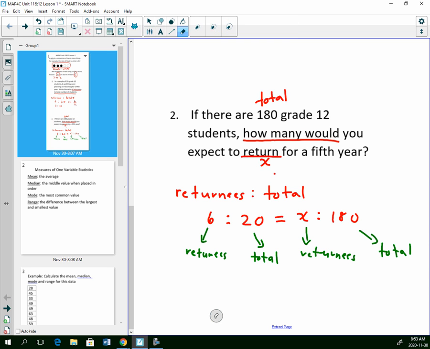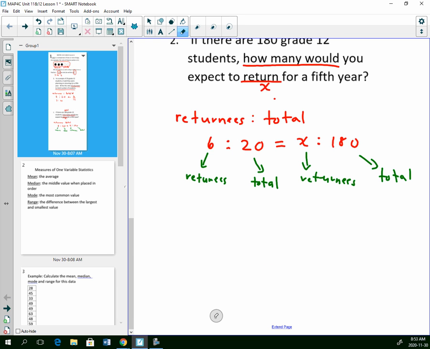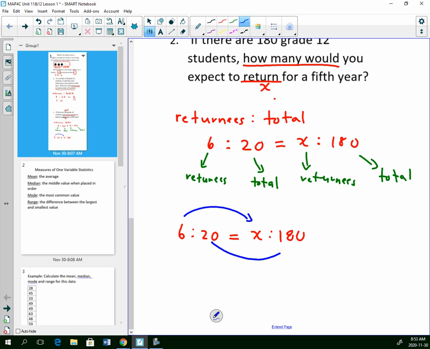So you can do it one of 2 ways. Let's fix this. So if I say 6 to 20 equals X to 180, that should be in the same ratio. So I have to think, well, what would I multiply 20 by to get 180?